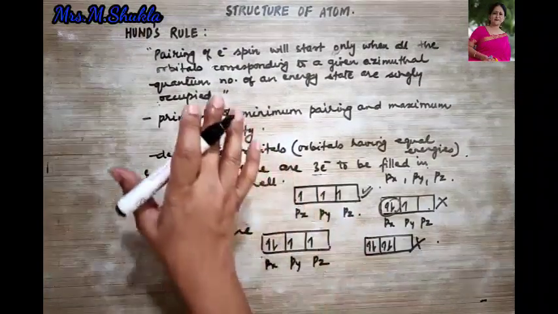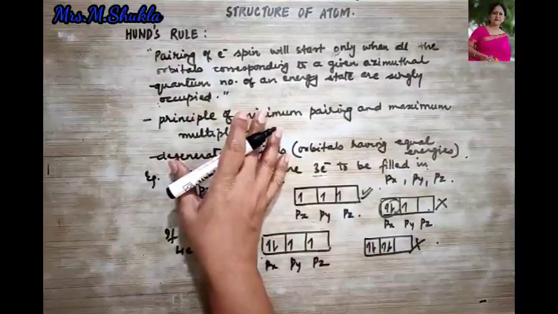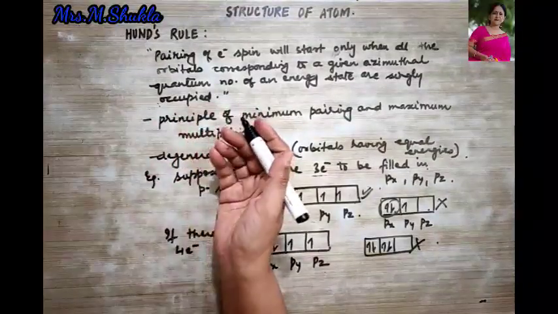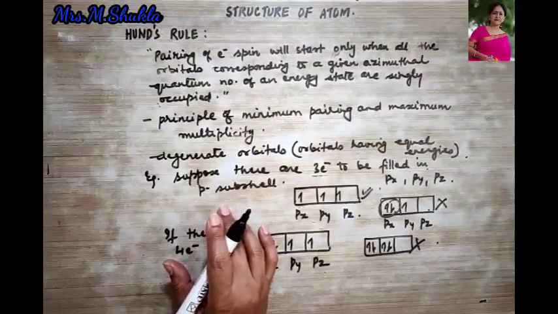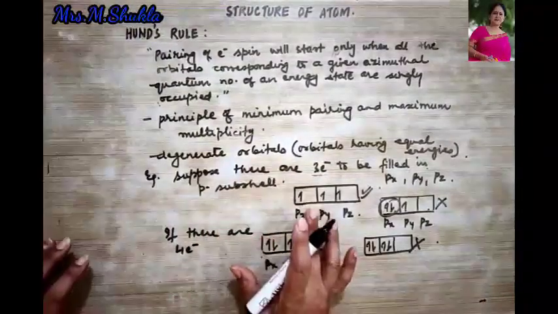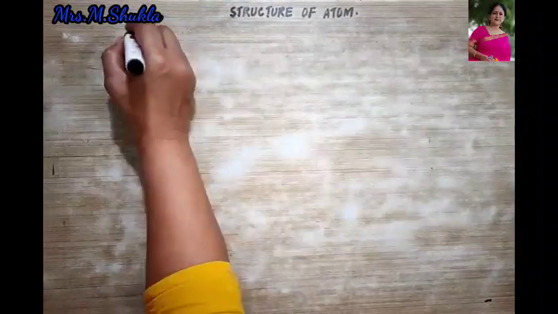Now, since we know Pauli's exclusion principle, Aufbau's rule and Hund's rule, we now move to do the electronic configuration of certain elements.